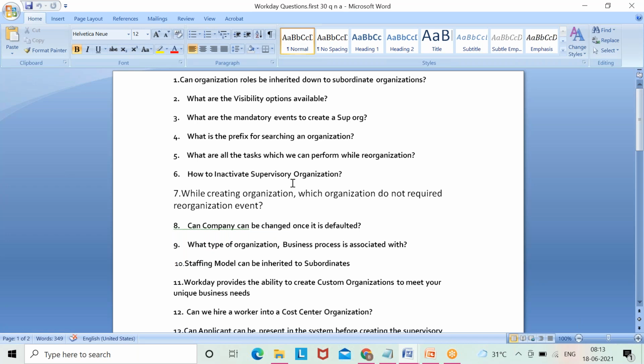Divide, assign superior, inactivate, close, and move workers from one organization to another. Position management is not one of them. So we have 5 options: create subordinate, assign superior, divide organization, move workers by organization, and inactivate or close. Okay, excellent.